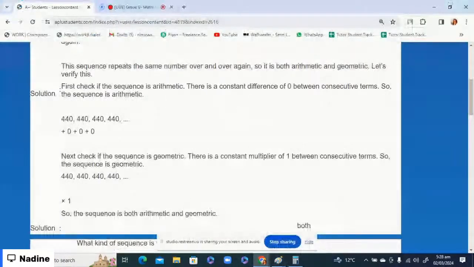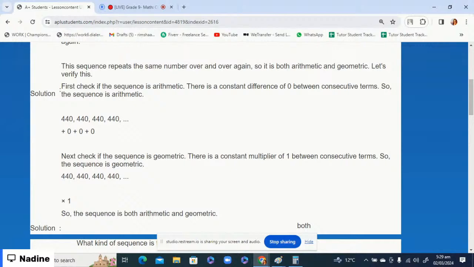So the arithmetic pattern is basically just checking what the difference is between the consecutive terms. If you are putting some numbers like 550, and then the next one is 650, we just simply write them and then check the difference in it.